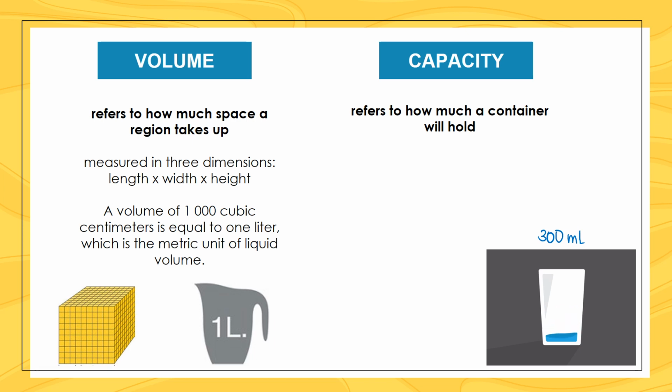But here, as you can see, this is the volume and it changes depending on the amount of your water. Okay? Again, capacity is how much a container will hold, while volume pertains to how much space a region takes up or how much this liquid takes up. So volume is measured in three dimensions: length, width, and height. Thus, it is a derived quantity because it has the length, the width, and the height.